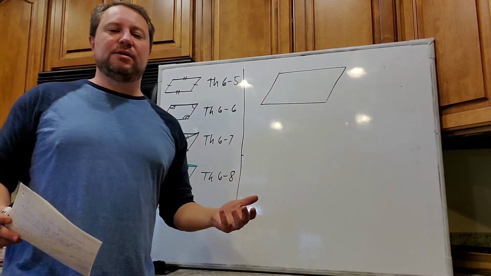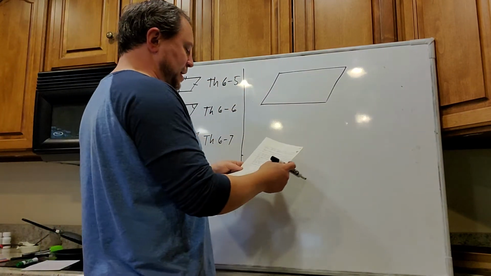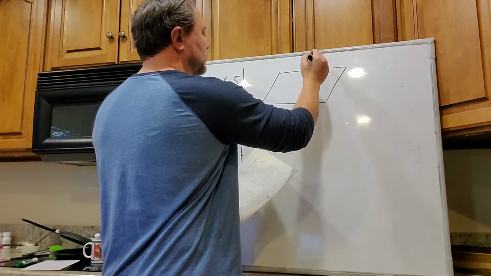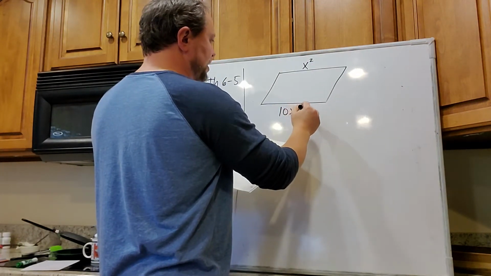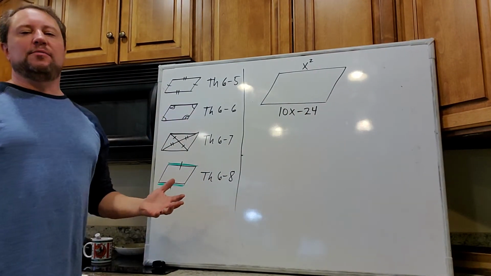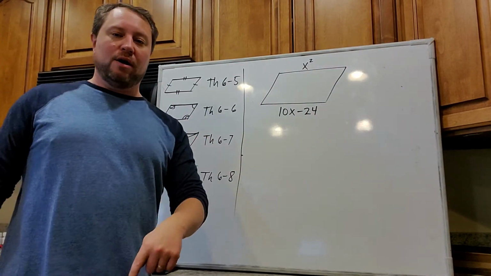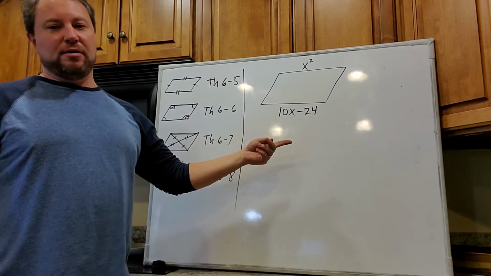In our last section, they would have said this is a parallelogram, and they would have said find x. Now the wording will be a little bit different, because now, instead of already knowing they're parallelograms, remember this is all about proving they are. So they'll say find x so that it'll be a parallelogram.